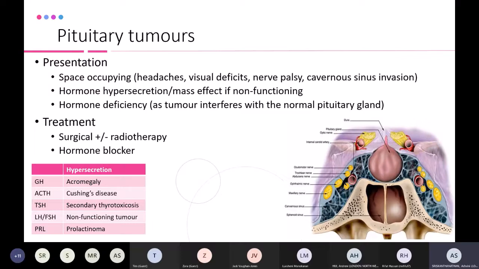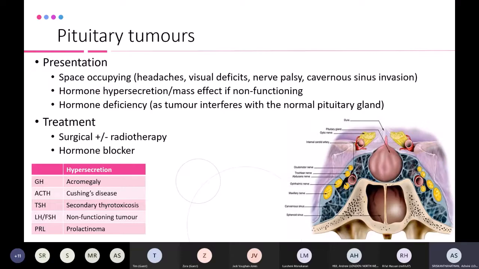ACTH can give you this Cushingoid presentation. Prolactinomas, so producing prolactin, you can actually treat that with dopamine agonists, such as cabergoline or bromocriptine, and the presentation is usually something like galactorrhea, so secretions from the breast.